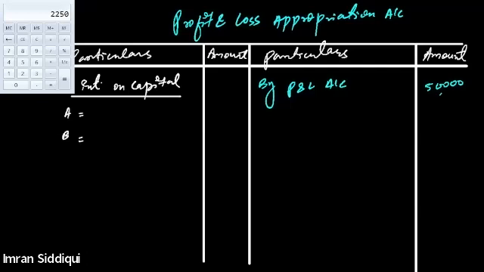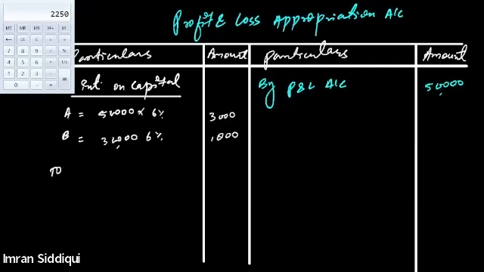The capital balances are 50,000 and 30,000, at 6%. So that will be 3,000 and 1,800. Right.